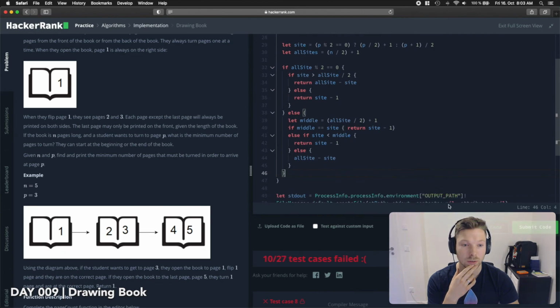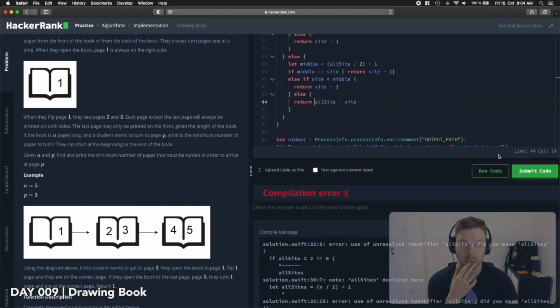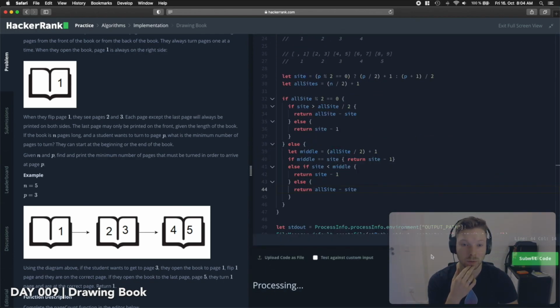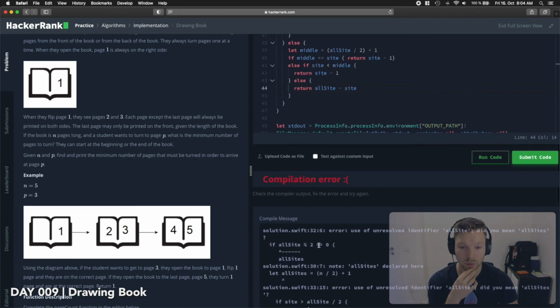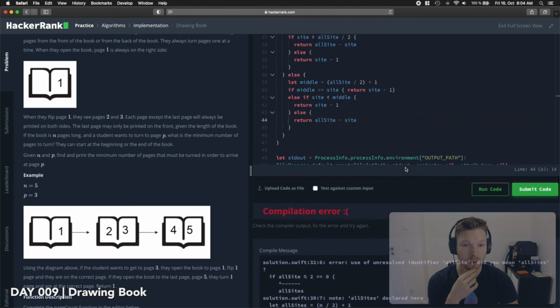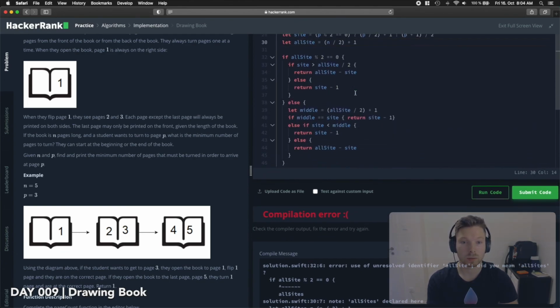Now, let's run it. Should have written return here, no? Yep. Run again. I think that was just about the return. Damn, something else. If all side divide. Unresolved identifier all side. All sides. Okay.